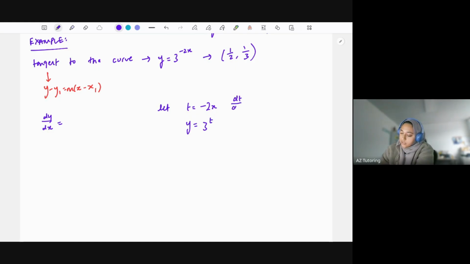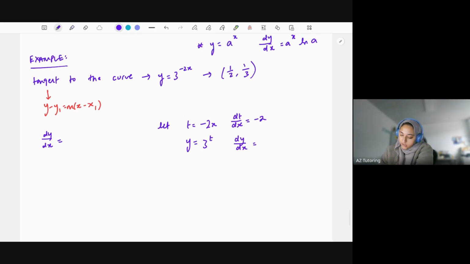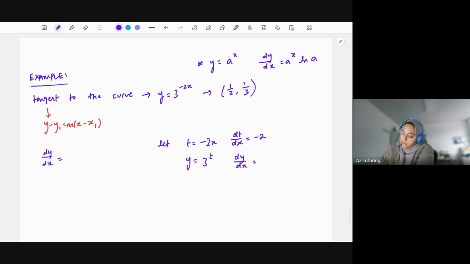Differentiating each of these, dt over dx is minus 2, and dy over dt is 3 to the power of t times ln 3, since a is 3 in this case. I've just used the result above. Now plugging t back in, I get 3 to the power of minus 2x times ln 3.